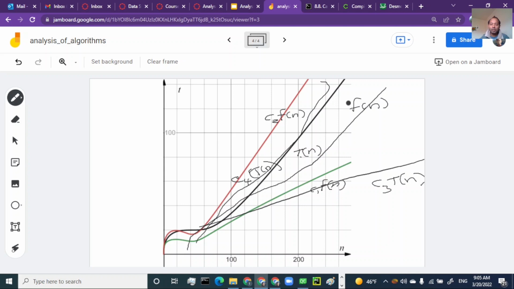So now this one is the focus, and we can write F(n) is big O of T(n).